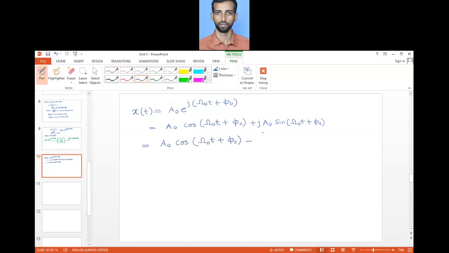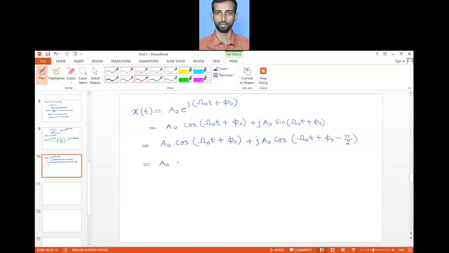So I can always represent this particular thing as plus j A naught cos(omega naught t plus phi naught minus the phase difference, that is pi by 2).